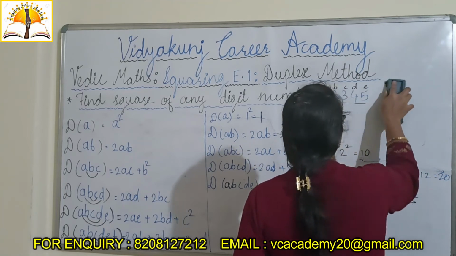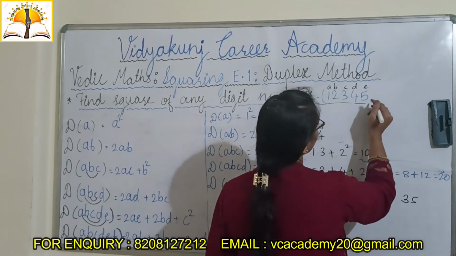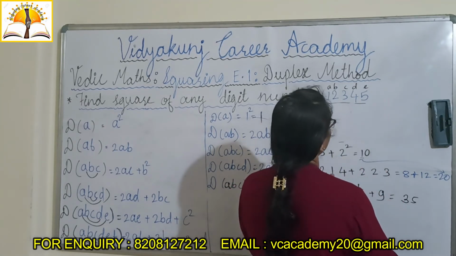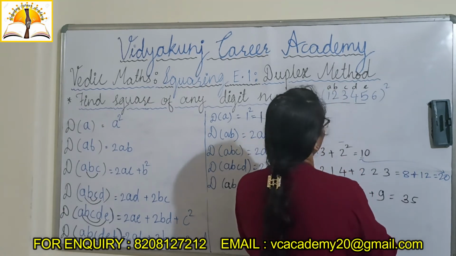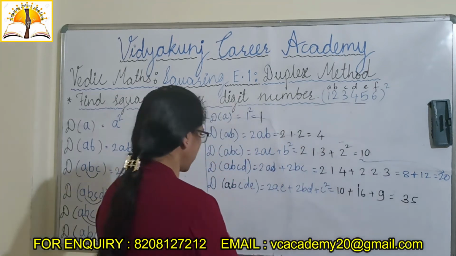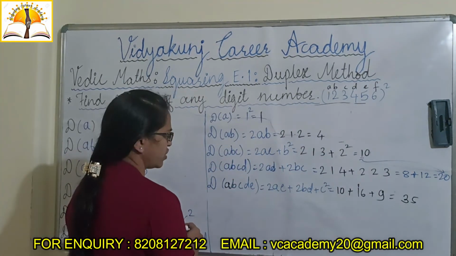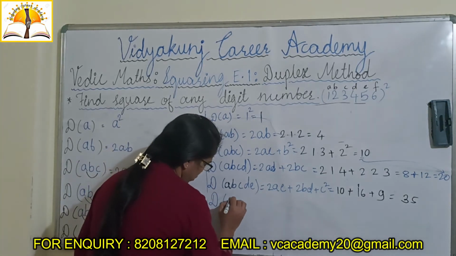Now I will take a 6-digit number. Here I have to write 6. I have written 6 and we are going to take out its square. Up to a 5-digit number we have done. I will not do that again, we only have to carry that and use that.